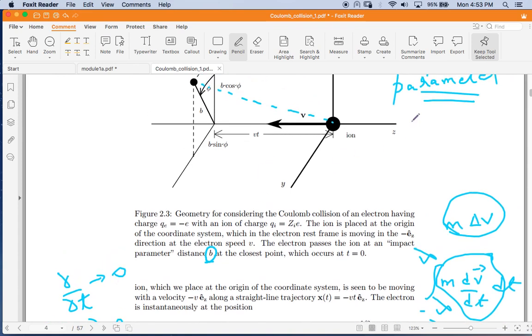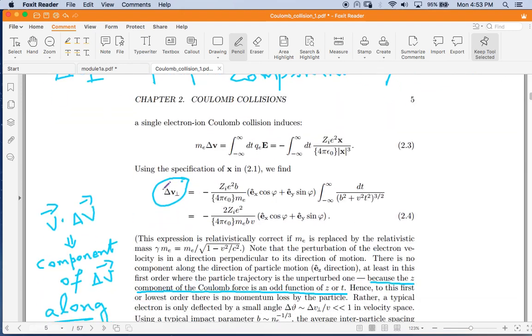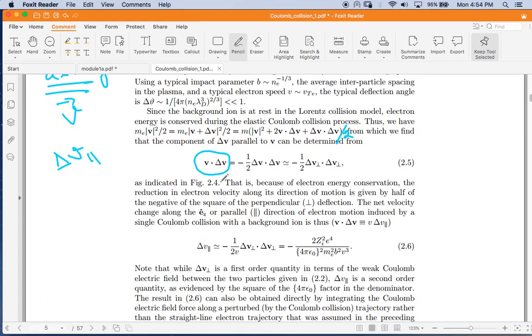Your ion is zipping along this way, so the change in velocity along the direction of v, that's what defines the parallel direction, the direction of v, right? So therefore, we simply write this as delta v parallel, right? And of course, there's a v here, so you need to divide by a v here, and so it's minus 1 over 2v delta v perpendicular times delta v perpendicular.